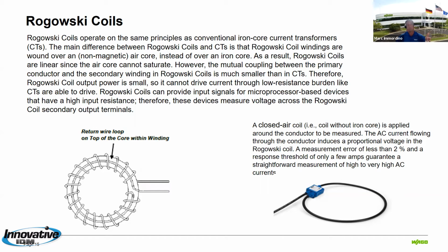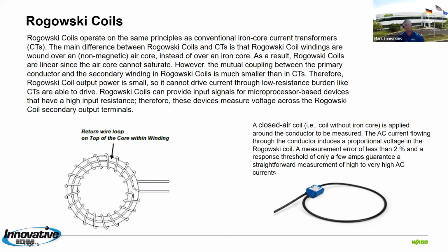With that, the mutual coupling between the primary conductor and the secondary winding in a Rogowski coil is much smaller than in a CT. So the resulting signal we're getting from the Rogowski coil is much smaller, and it cannot drive current through a low resistance burden like CTs are able to drive.